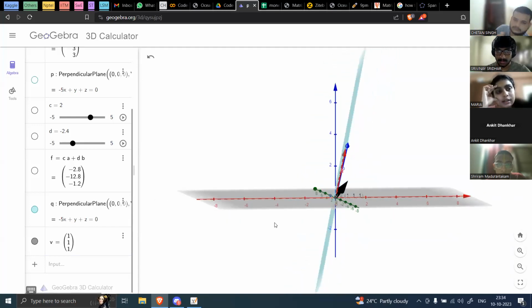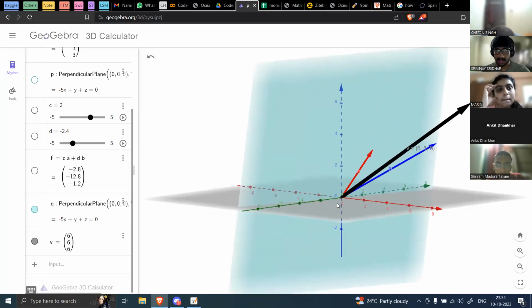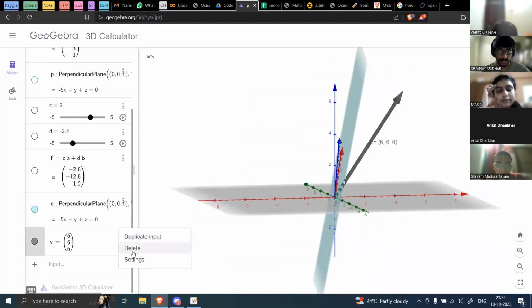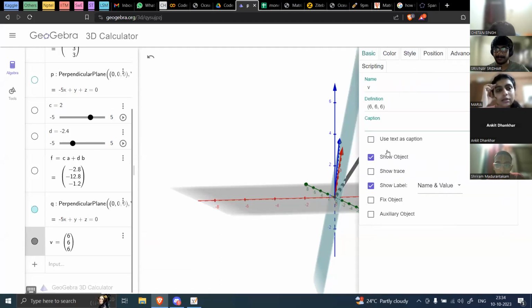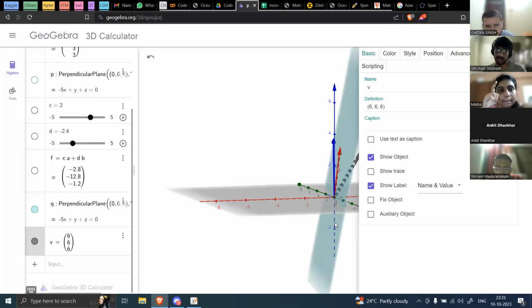When we were discussing earlier, didn't we say that a perpendicular to a vector in R3 would be, you would have two vectors which are perpendicular to a vector in R3, right? But there's only one vector that's perpendicular to the plane.